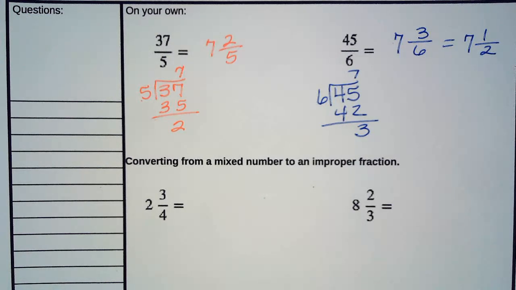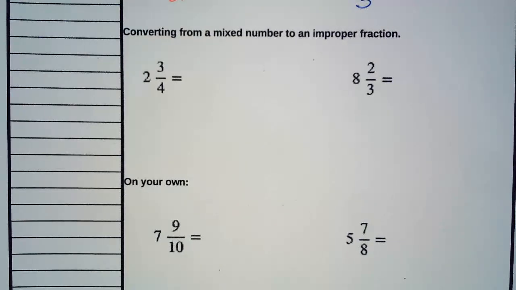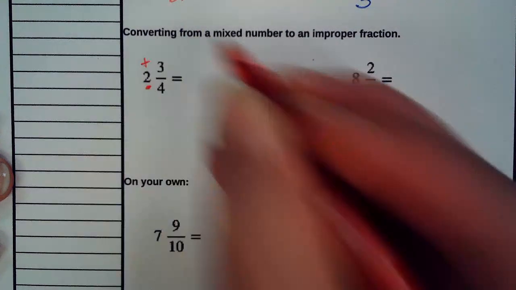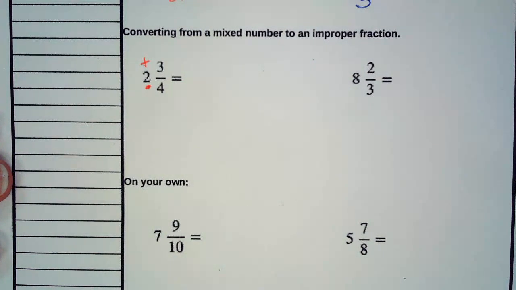If you're still struggling on converting, please back the video up and watch it again. How do you convert from a mixed number to an improper fraction? Well, I always enjoyed doing this. You multiply and then you add. What does that mean?